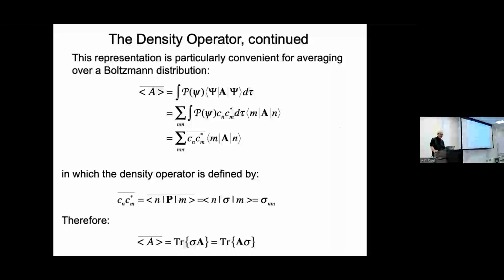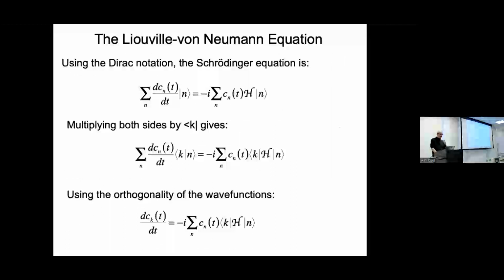And what we have to do is convert our wave function view. We have an equation for the wave function. We have to turn that, the Schrodinger equation, into an equation for sigma. So in Dirac notation, here is the Schrodinger equation. I've replaced psi with its expansion in some basis functions.